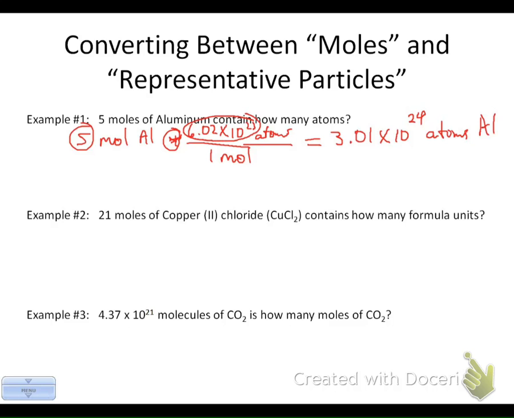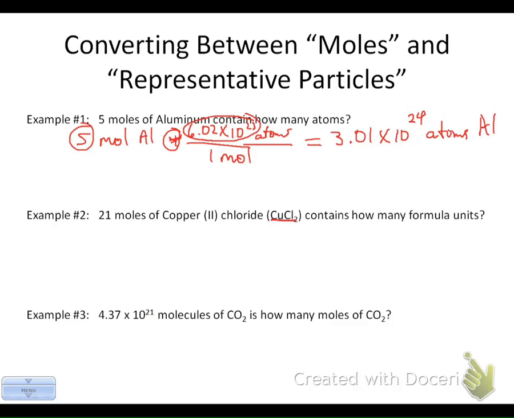On to example 2. If we have 21 moles of a compound called copper 2 chloride, I give you the formula there in parentheses, it contains how many formula units? All right, so this is an ionic lattice, so there will be a lot of stuff there. So the formula units would be the simplest network, the simplest piece of the network, which is CuCl2.